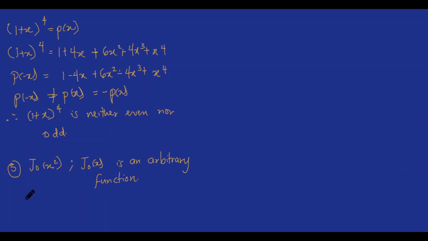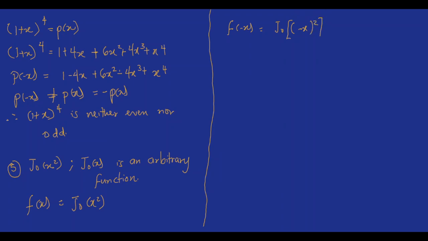So if we allow f of x to be equal to g naught of x squared, let's try to find f of minus x then, which means f of minus x will be equal to g naught of minus x squared. So it means f of minus x is going to be equal to g naught of x squared.